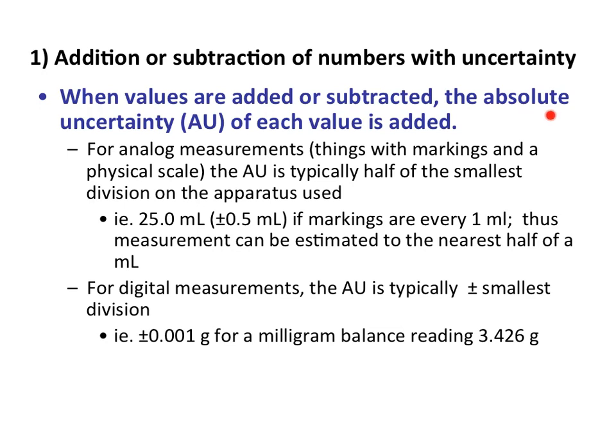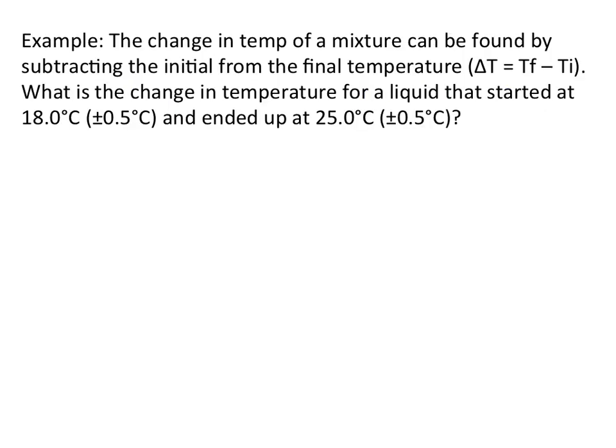That uncertainty is the absolute uncertainty. So when you're writing down, if we measured this volume in milliliters out of our graduated cylinder, we have 25 milliliters of solution plus or minus 0.5 milliliters. This is our absolute uncertainty. So let's give it a try.